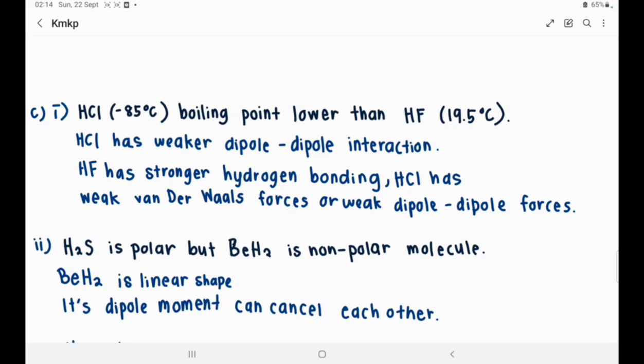So I give the reason. HCl has weaker dipole-dipole interaction. HF has stronger hydrogen bonding. HCl has weak van der Waals forces or weak dipole-dipole forces.